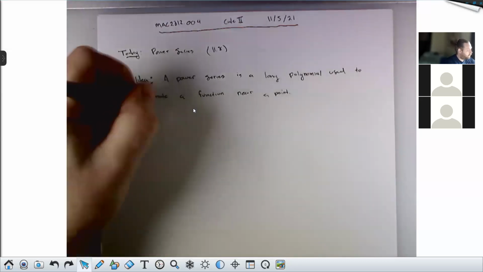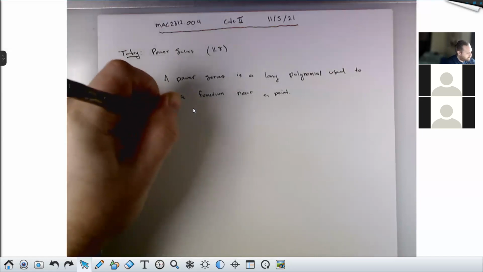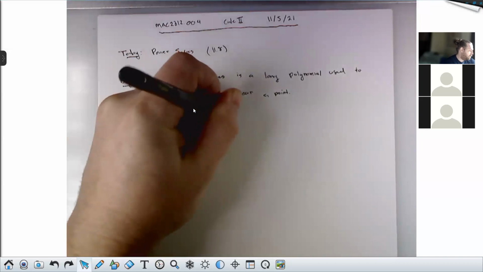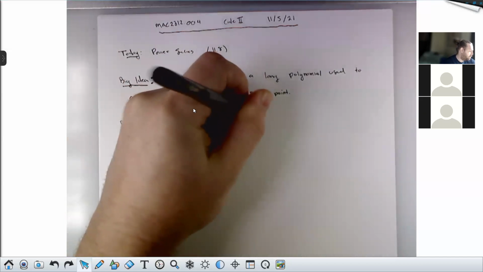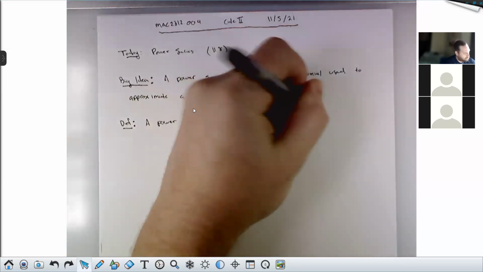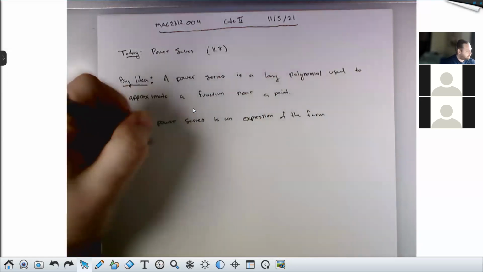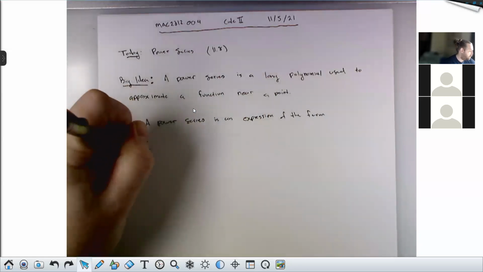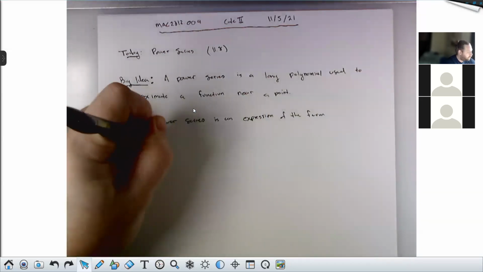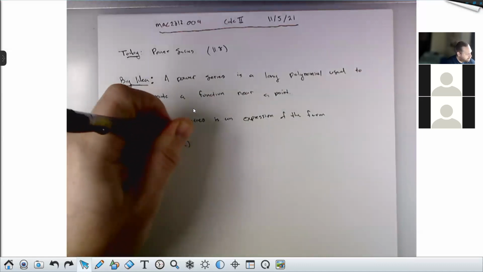Okay. So a power series is an expression of the form sigma n from 0 to infinity of Cn times (x minus a) to the n.